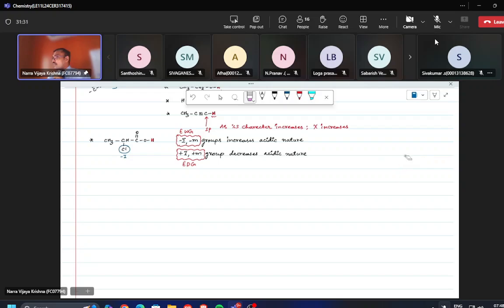Now I will keep on giving some examples. You need to tell me what type of groups they are. Clear? Among these two, which is more acidic?